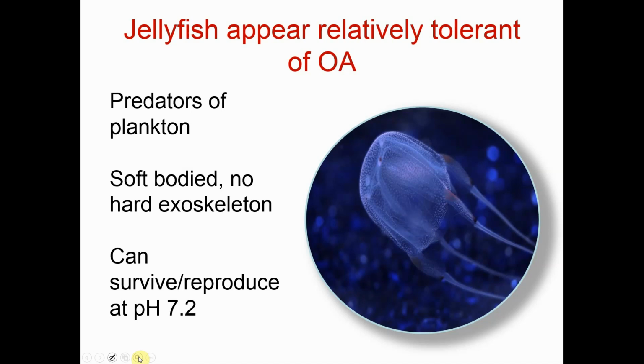They have no hard exoskeleton. And previous experiments on individual jellyfish have shown that these species can survive and reproduce even at pH as low as 7.2. And remember, the current pH in the ocean is 8.05, and that's down from 8.15. So these jellyfish can survive at pHs much, much lower than what we're seeing now. In other words, they can tolerate very acidic conditions.